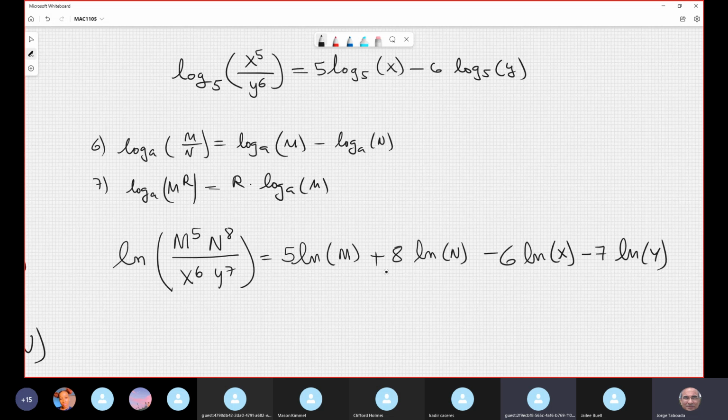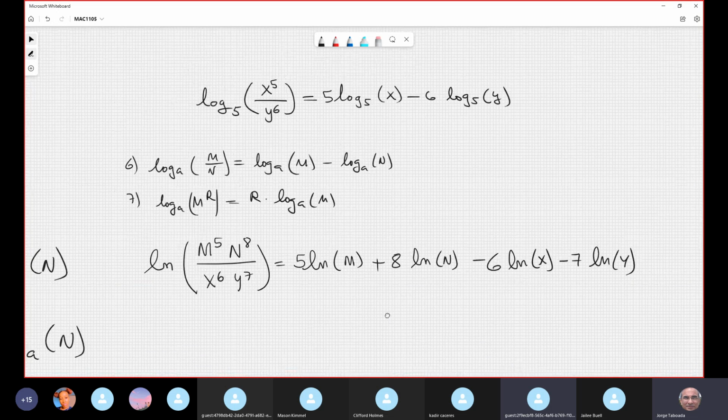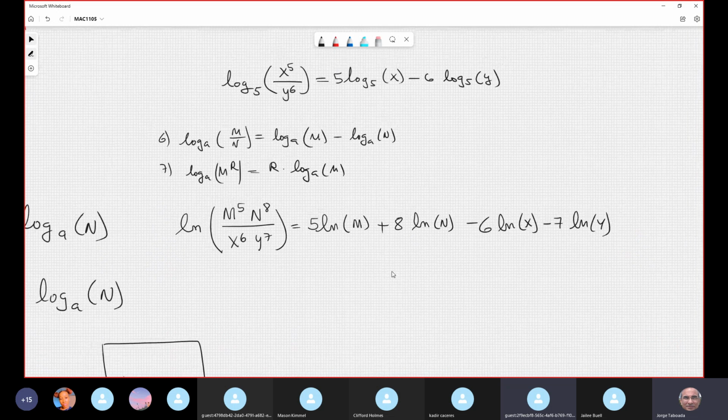Okay? And similarly, we are doing the opposite operation. We are doing completely backward, in which, instead of expanding, we are condensing.